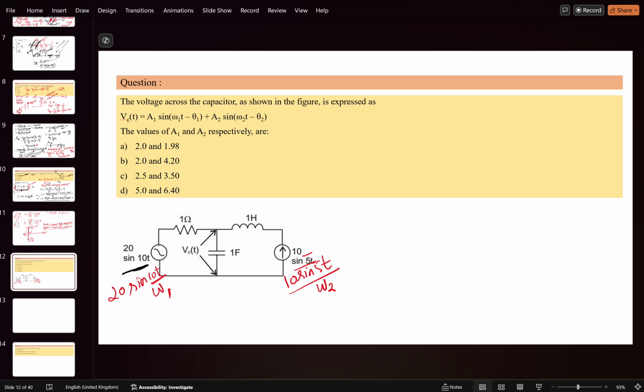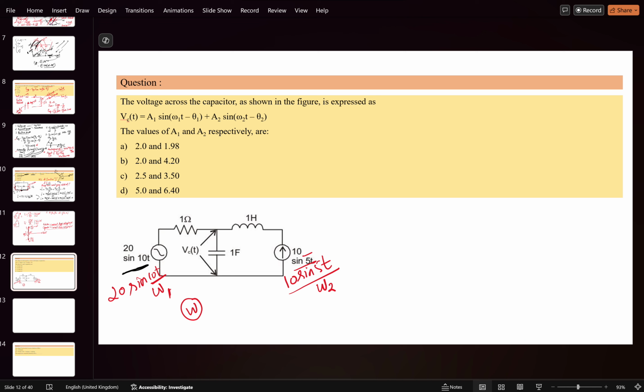I have told in the phasor topic that the omega value should be constant for drawing any phasor. It is a constant rotating term at a frequency omega, which stays constant when the phasors are added or subtracted. But in this problem, omega 1 and omega 2 are there.